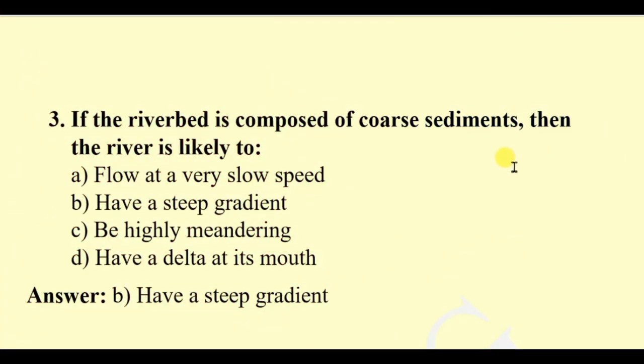If the bed is composed of coarse sediments, it means finer sediments are transported away and only the coarse sediments are present at the bed, so it shows a steep gradient or more velocity, or we can say that energy is more. All the finer sediments are transported, only coarse sediments remain, which means the critical shear velocity is more.